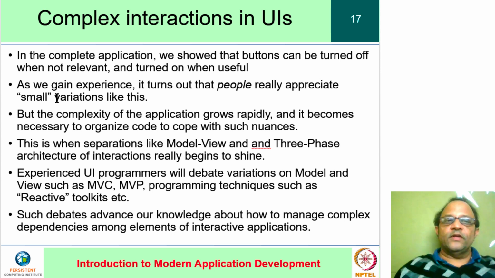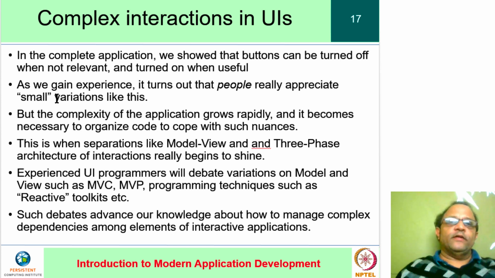As you gain experience, you will find out that programmers will often debate variations on model view, such as MVC, MVP, programming techniques like reactive toolkits, and so on. Most of these come up because of the complexity of applications, and such debates and the inventions that go along with them advance our knowledge of how to manage ever more complicated applications as simply as we possibly could.